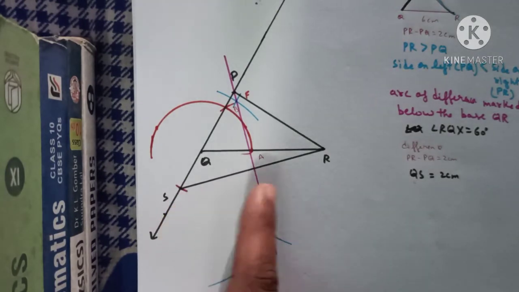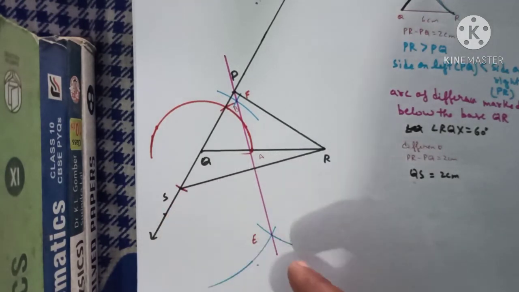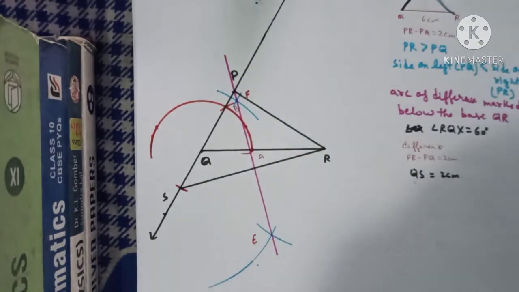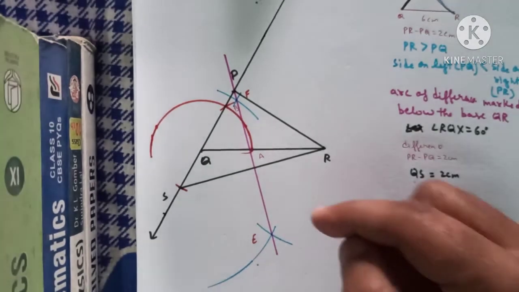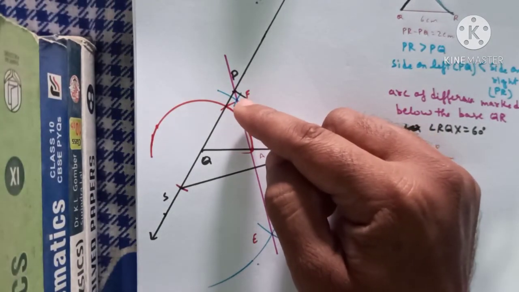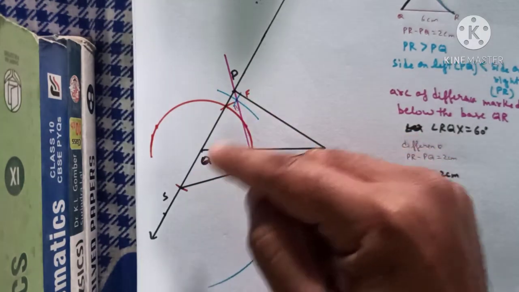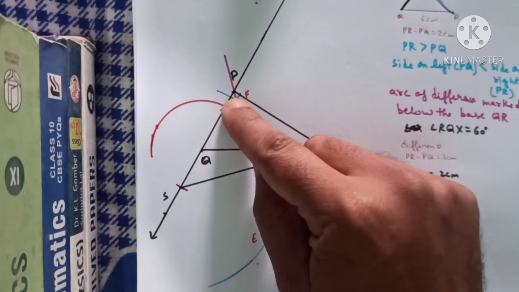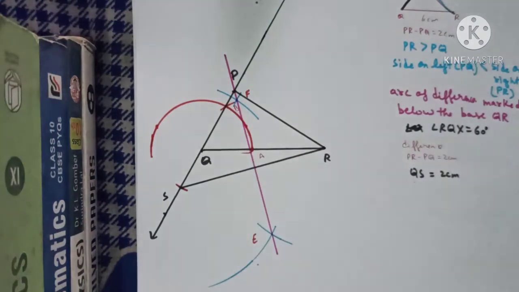Now we will join S to R and draw the perpendicular bisector of SR as EF. We will draw this EF such that it intersects the ray QX at a point P, and we will join this P to R. Then PQR is the required triangle.